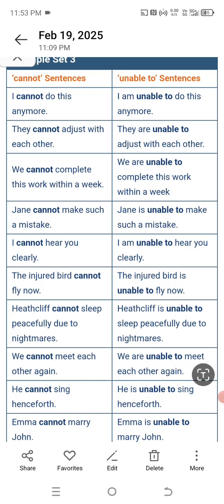I cannot hear you clearly. Here, I am unable to hear you clearly. The correct answer. The next example: the injured bird cannot fly now. Here in the answer of this sentence we are going to use unable to: the injured bird is unable to fly now.